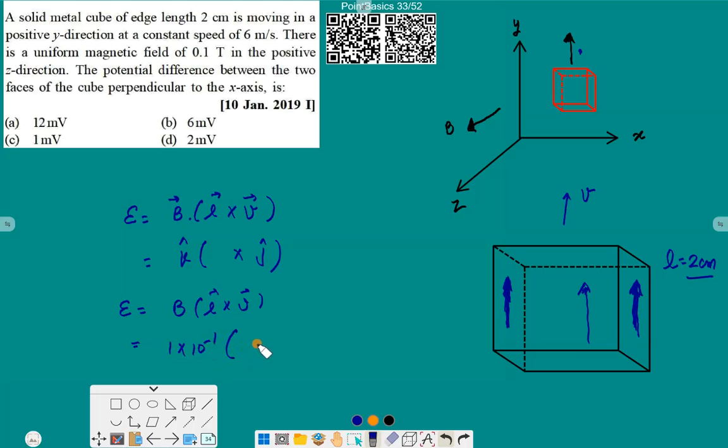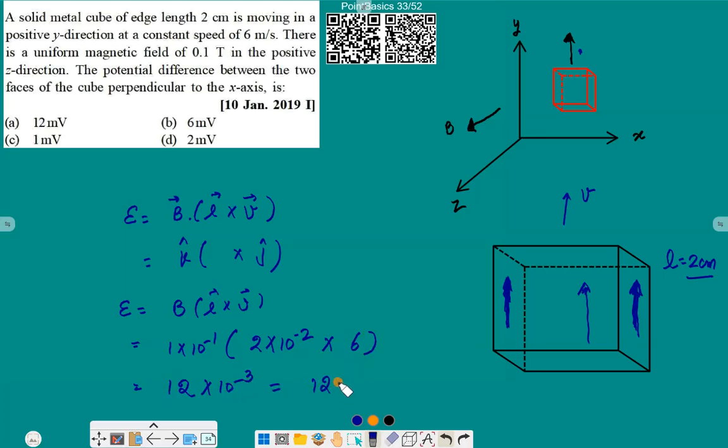Length is 2 centimeters, so 2 into 10 raised power minus 2, and velocity is 6. So this will be 12 into 10 raised power minus 3, or 12 millivolts. That is option A for us.